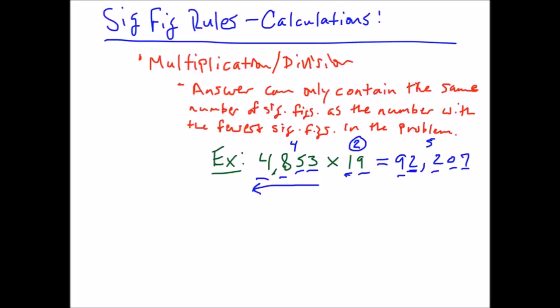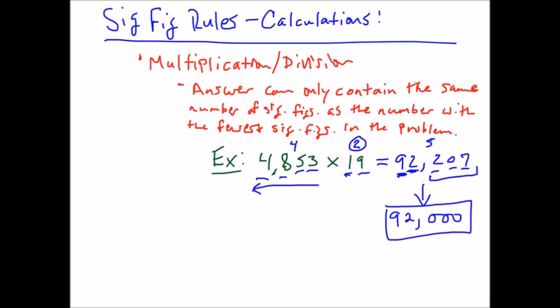So 9 is the first one and 2 is the second one, and we really need to drop these. Okay, so if we rewrite this, then we can get 92,000. Alright, that is our answer with only 2 significant digits. Remember, these 3 zeros here no longer count, and so we have 2 significant digits there.